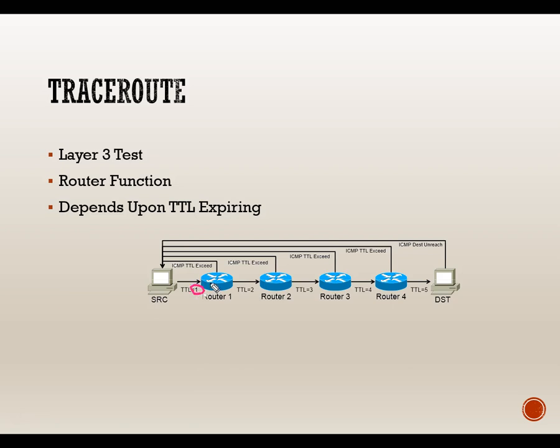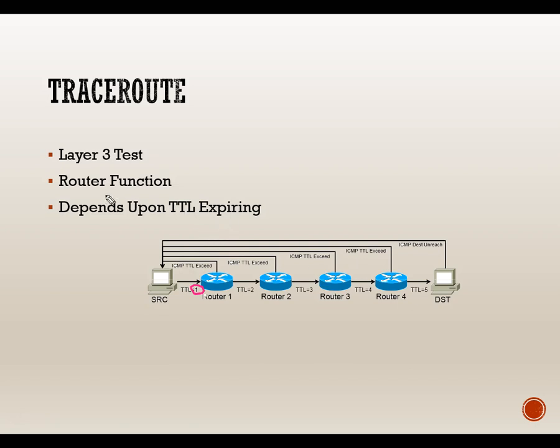So as TTL 1 gets here, it decrements to 0, and then we get an error message back. TTL exceeded. Okay, we got there, but we exceeded, so we get the ICMP error message back, time to live exceeded. Then we increment it by 1, so we send it with 2 and we get the message back. 3, we get the message back.